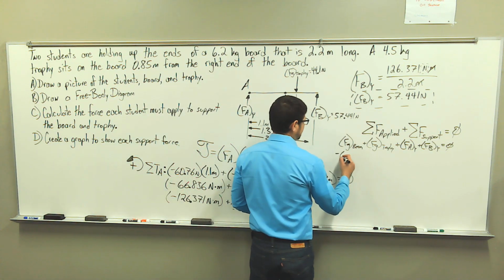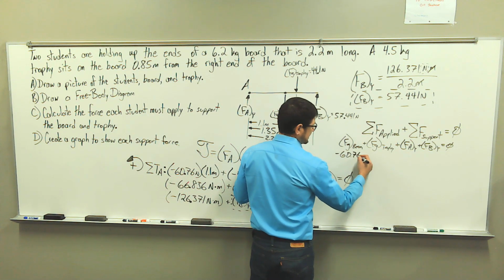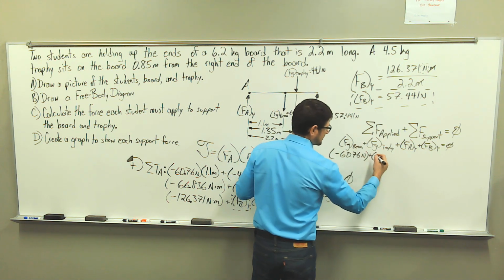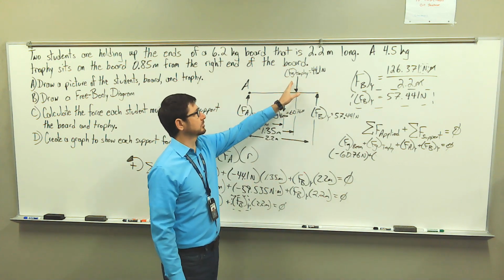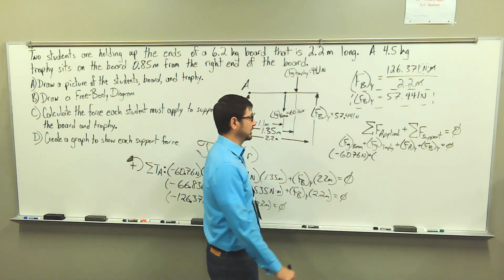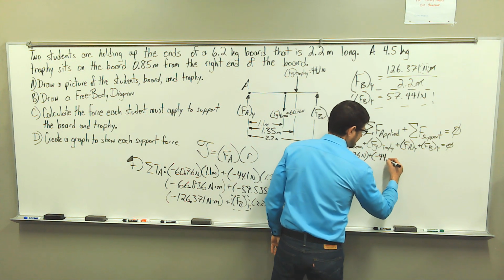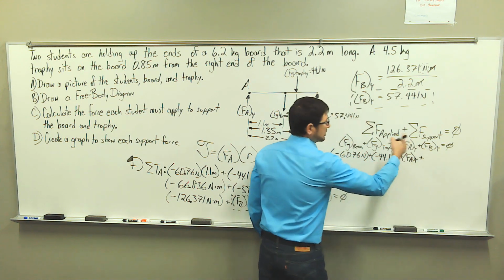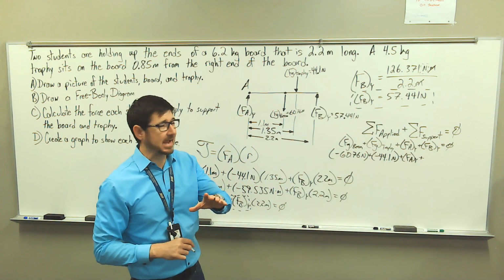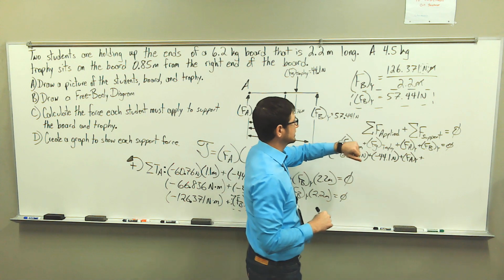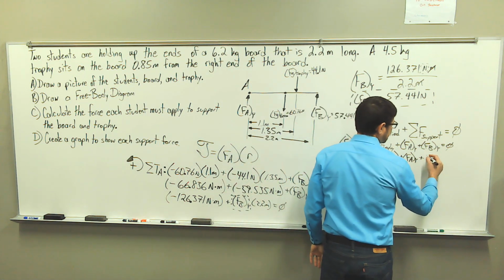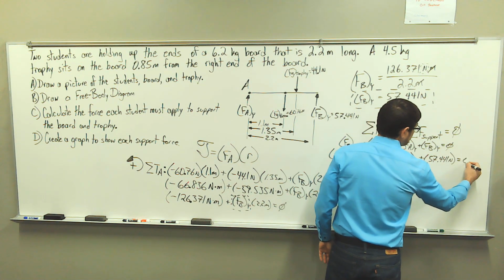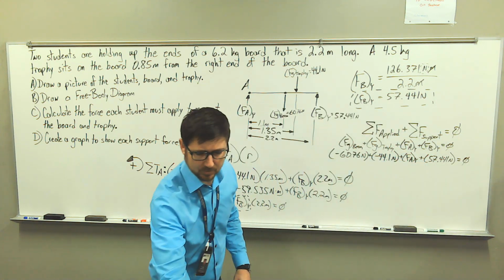So negative 60.76 newtons plus the weight force of the trophy right here, a negative 44.1 newtons plus support force A plus support force B. We're going to use our calculated value that we just calculated a few minutes ago, a positive 57.441 newtons. Set that equal to 0.